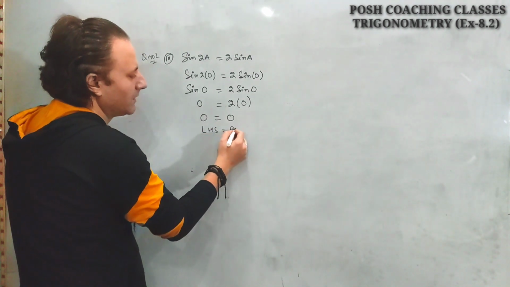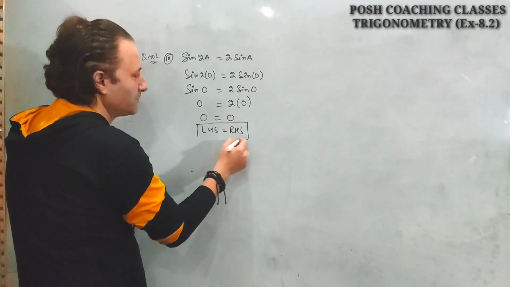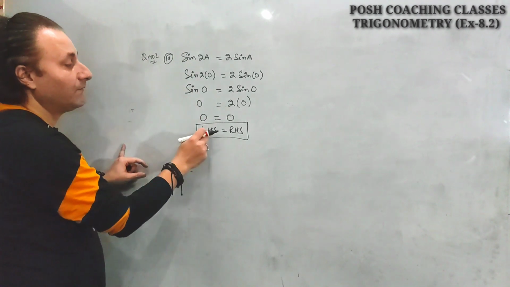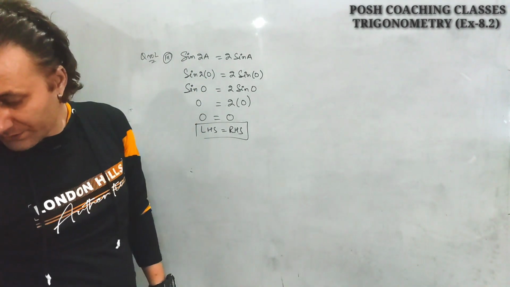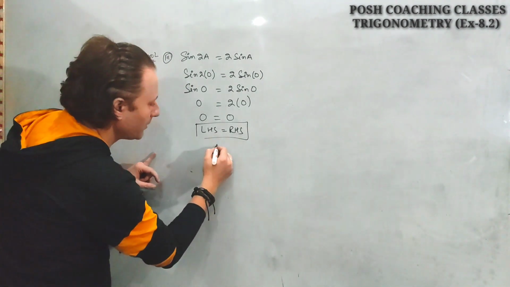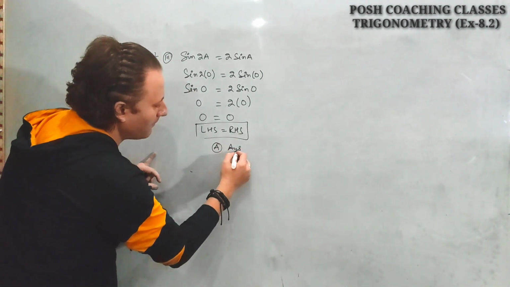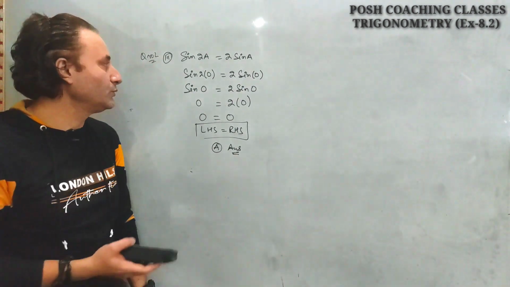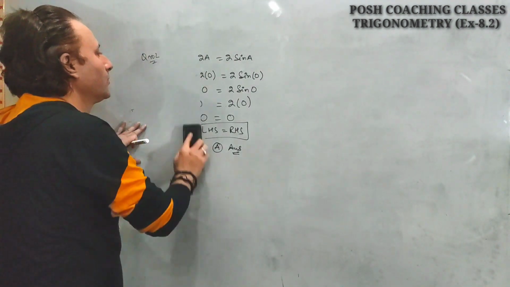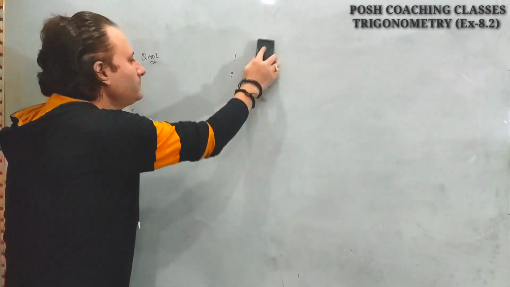LHS is equal to RHS. So what does this mean? This means this is true when the value of a is 0. So which part was that? That was part number A. So A is the answer. I hope this is clear to you. Perfect. So let's move to part number 4 of this particular question.